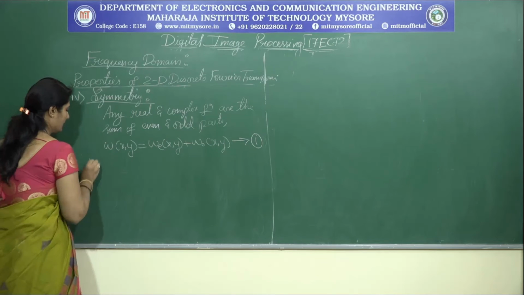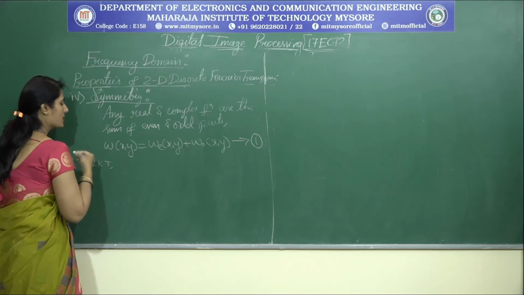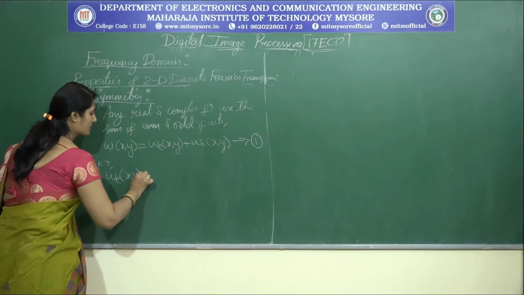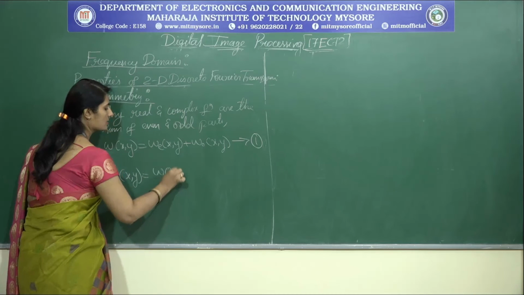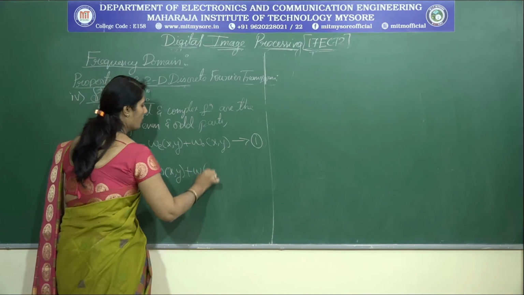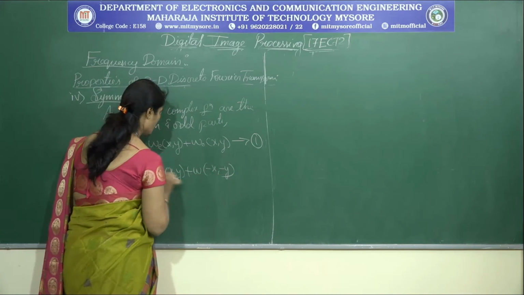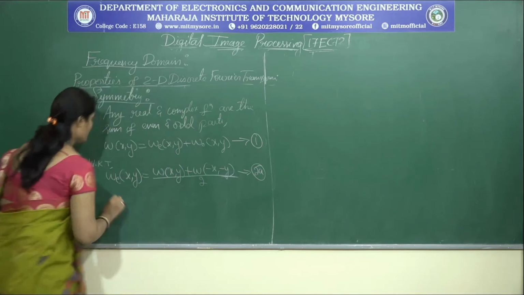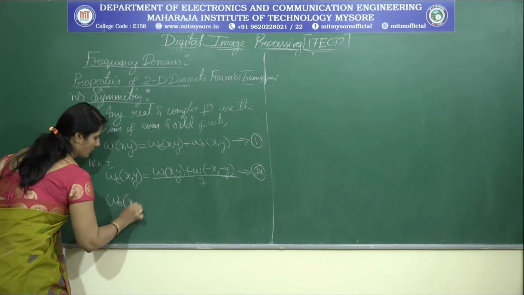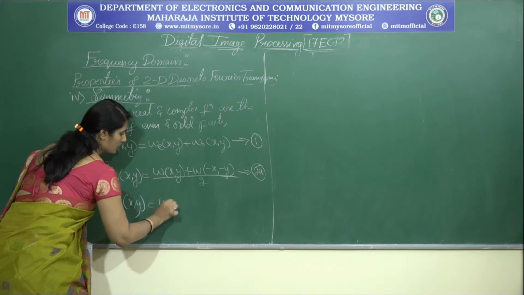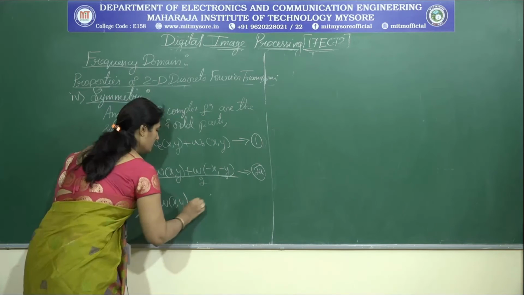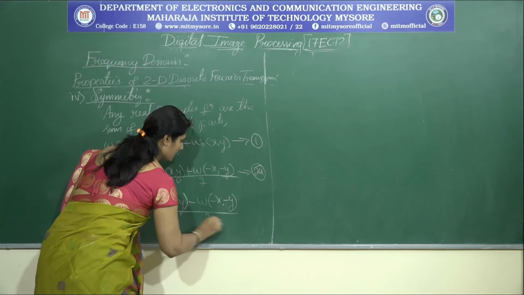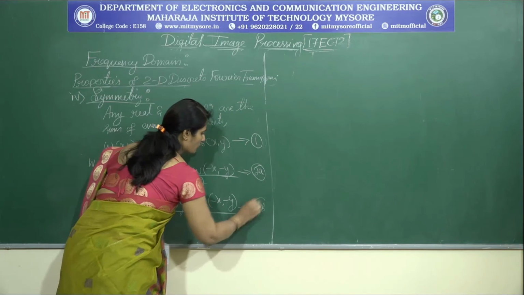We know that the even part is represented as w even of x comma y is equal to w of x comma y plus w of minus x comma minus y, whole divided by 2. This I call equation 2a. And w odd of x comma y is equal to w of x comma y minus w of minus x comma minus y, whole divided by 2. This I call equation 2b.